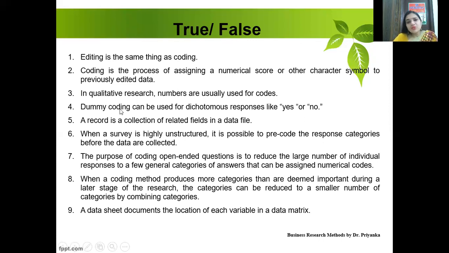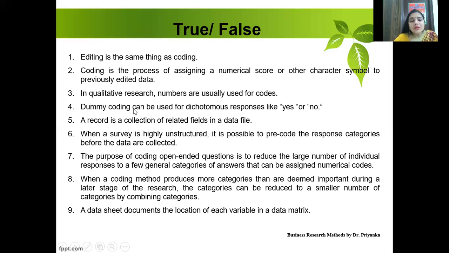But in case of qualitative research, numbers are seldom used for codes. So some students might take it as true or false. Both of them are correct if you provide the right explanation. But when it comes to qualitative research, numbers are not necessarily entered, so it is false.